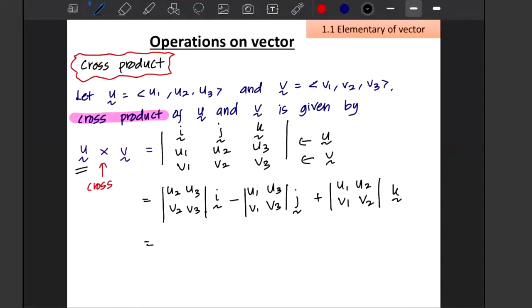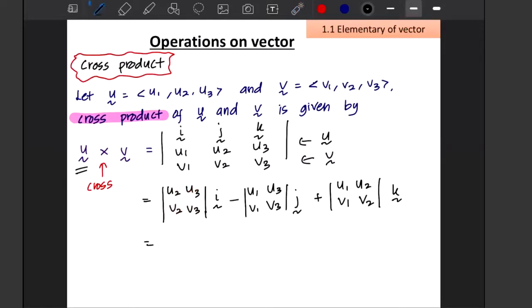Okay. Next, to solve the determinant, you multiply this first, U2 with V3, and then you minus with this one.